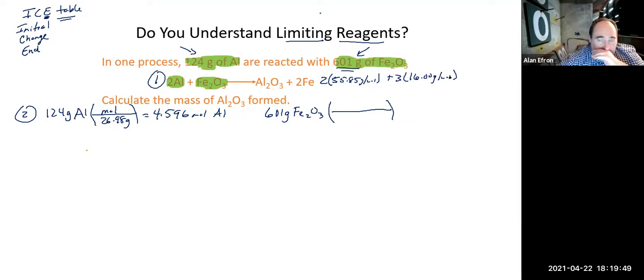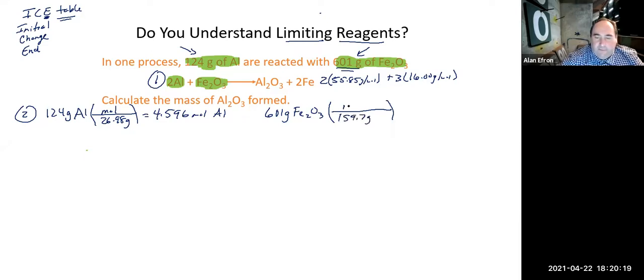That's going to give me a molar mass for iron 3 oxide of 159.7, I believe. If I did not mess up there, let me just double check. 2 times 55.85 plus 3 times 16, 159.7. Perfect.